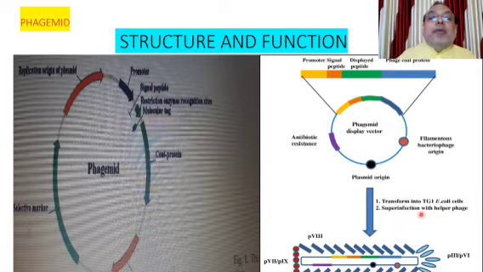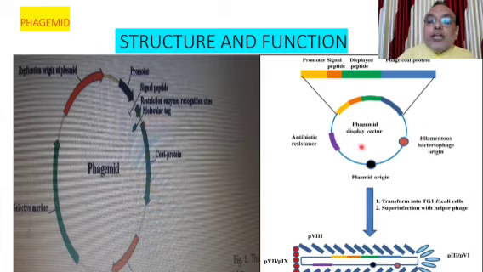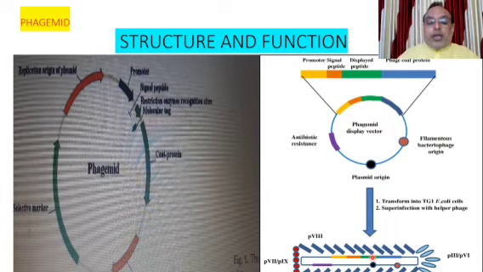That helper phage has been designed in such a way that it is unable to multiply itself, but it will regulate the synthesis of coat proteins, and those coat proteins will be employed by this plasmid for the assembly as a phage, and so this assembly as a phage has taken place.